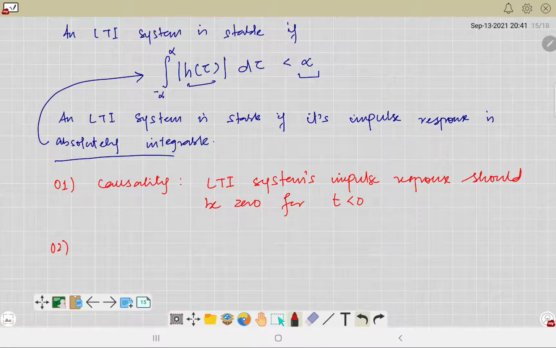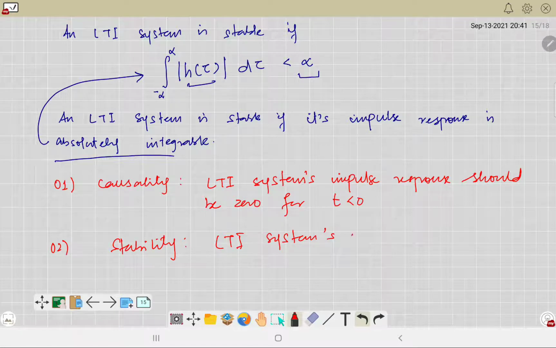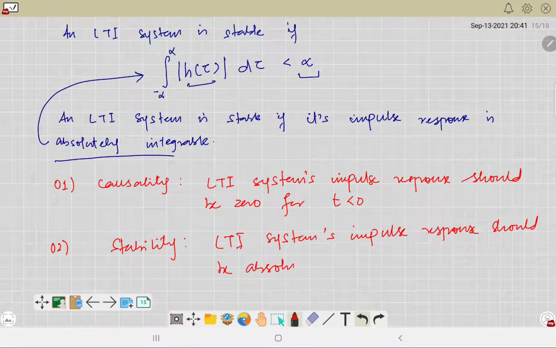And for stability, the impulse response of your LTI system should be absolutely integrable.